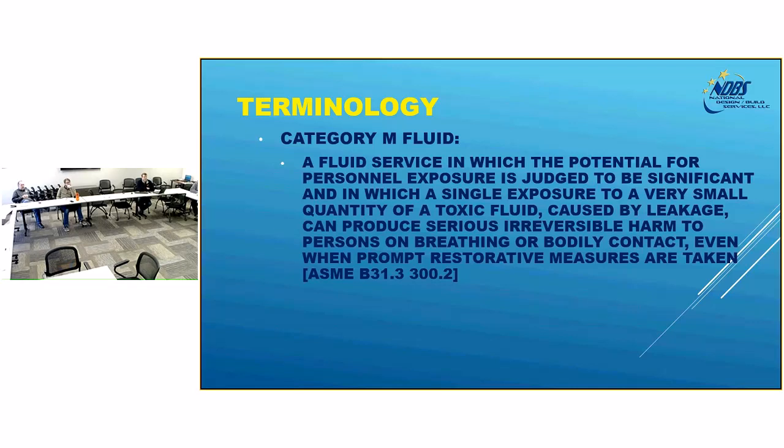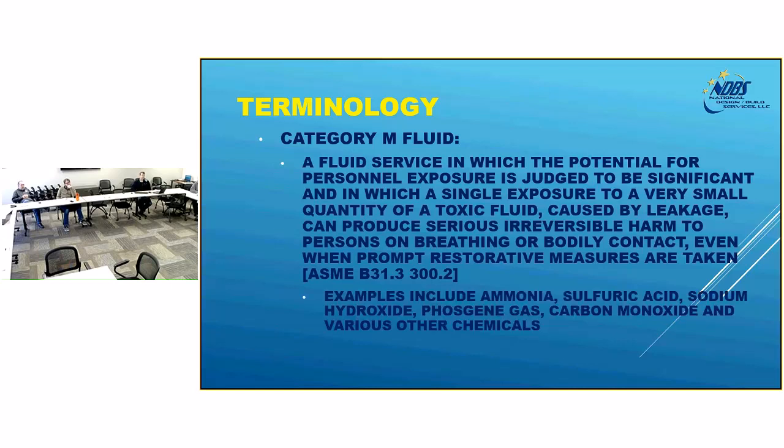So a category M fluid is a fluid service, as you can read there, where there could be a toxic fluid, a leak can cause serious harm, or anything that's above 150 psi. So I gave some examples here. We don't get into a lot of these fluids, but we do get into natural gas, which is explosive.